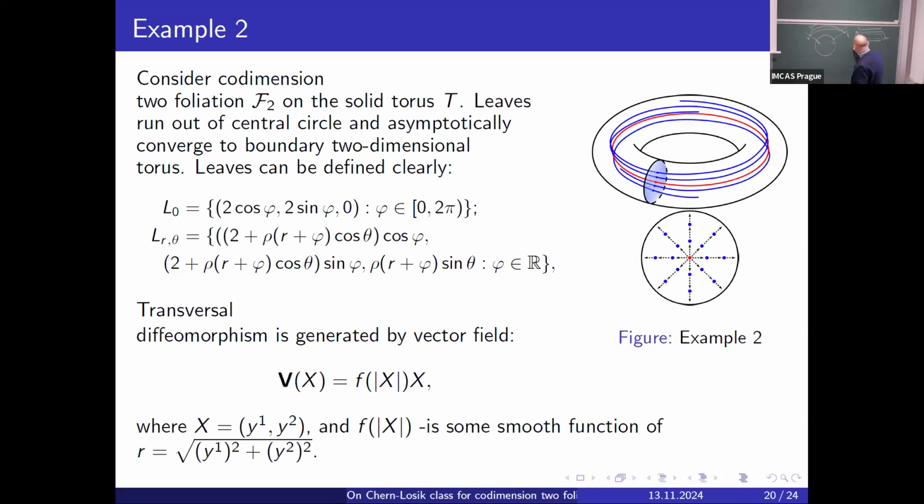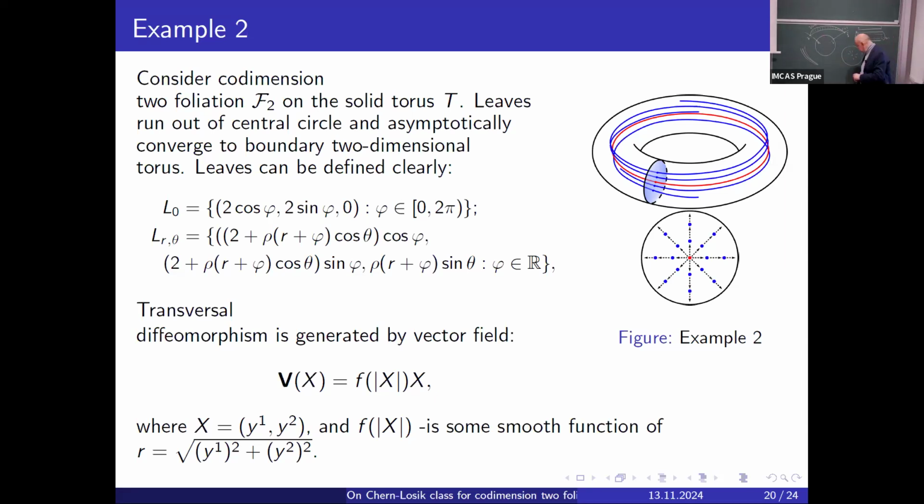If you consider a disk, this is a fixed point, and now the vector field is directed from this point along the radial direction. But the length of this vector depends on radius. This means that we have the central circle, and we have asymptotic leaves which go from this circle to the boundary.